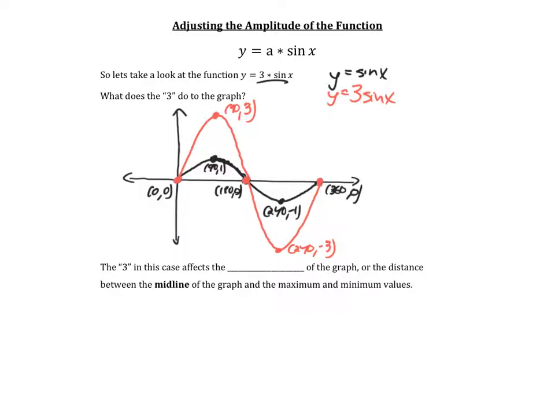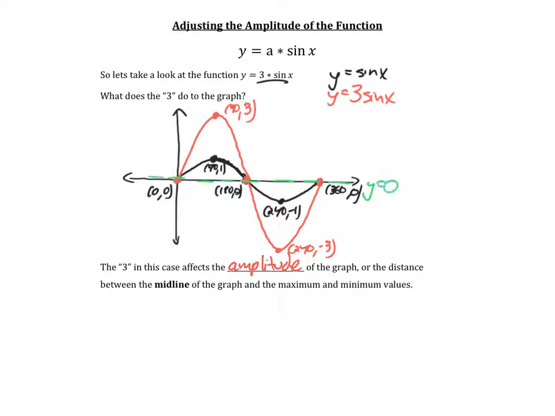Okay, the amplitude. That's the term we're going to use for the distance between the midline of the graph and the max and min point. So we didn't draw that dotted midline here, but the midline would be at 0. Okay, the midline here is still at 0.